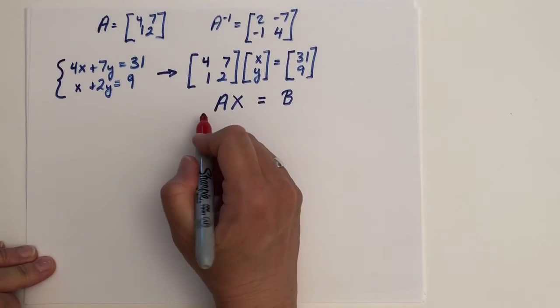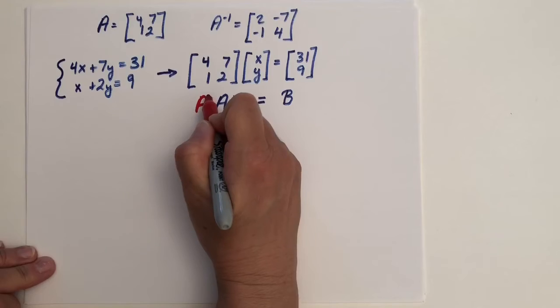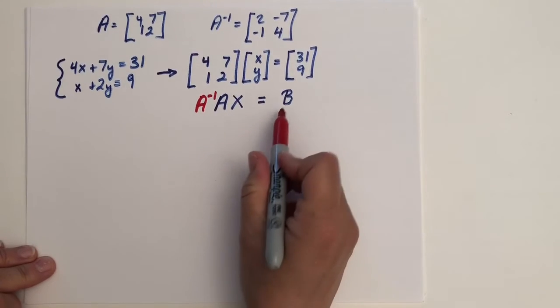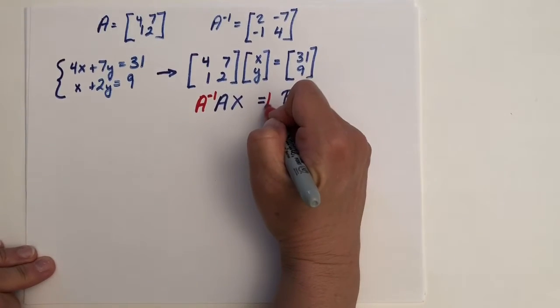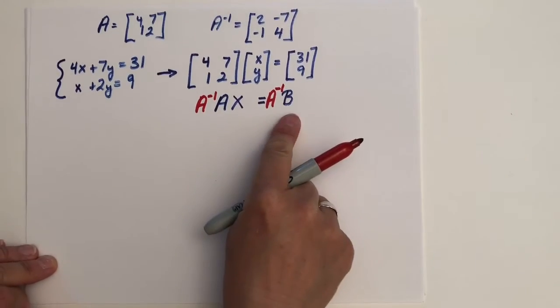And when we're working with matrices, you know the order matters. So when I multiply by A inverse on the left here, I must multiply by A inverse on the left here as well.